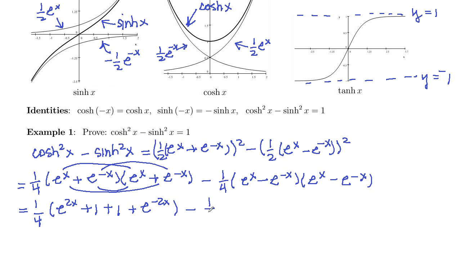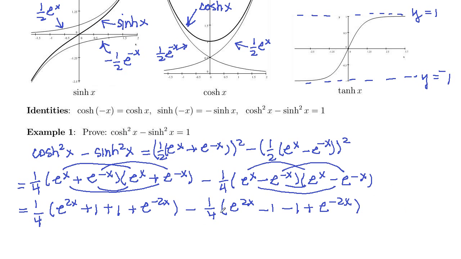And then minus 1/4. And we're going to get the same thing here, except it's going to be minus 1, minus 1. Your outer terms are plus minus, inner terms minus plus. But your first terms are plus plus, and your last terms are minus minus, which makes a positive. So this will be e to the 2x minus 1 plus e to the negative 2x.